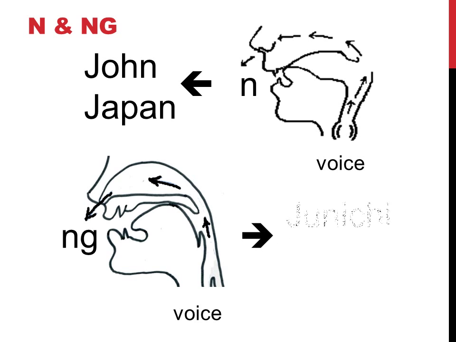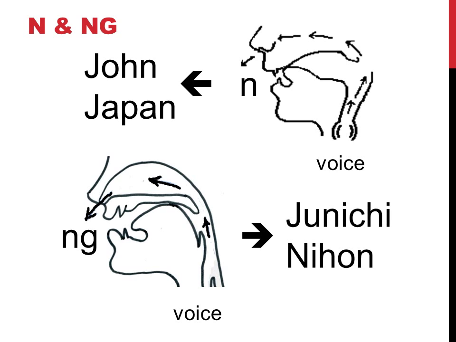So in Japanese, his name might be Junichi, even though the N comes in the middle of a word. The N there is seen as the end part of Jung, followed by Ichi. This sound is usually associated in Japanese with the last part of a word or the last part of a syllable. Okay, so a little bit of practice with those.